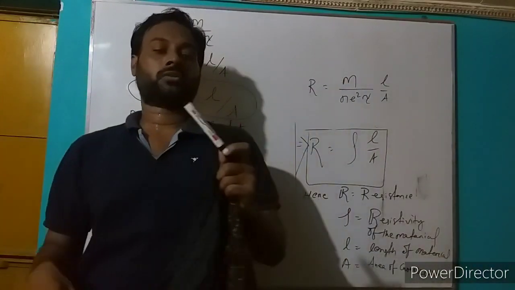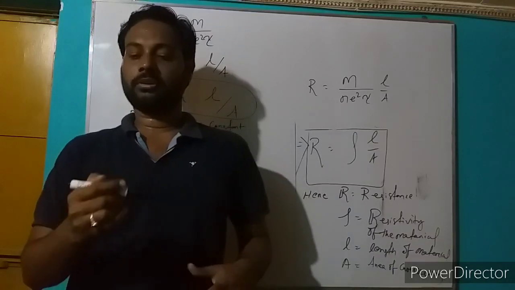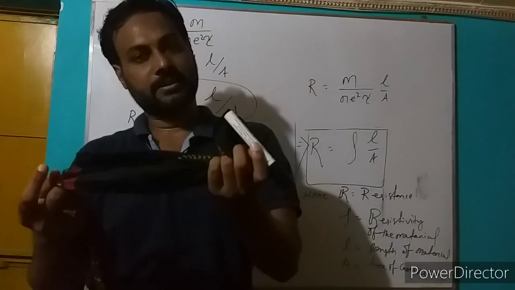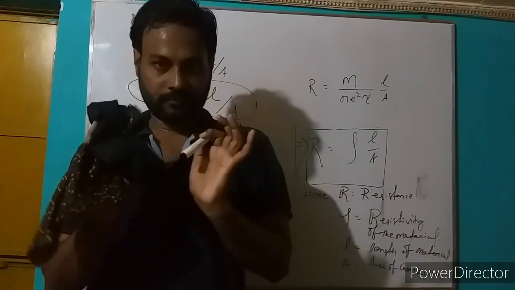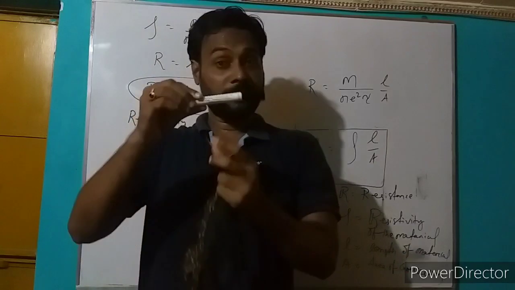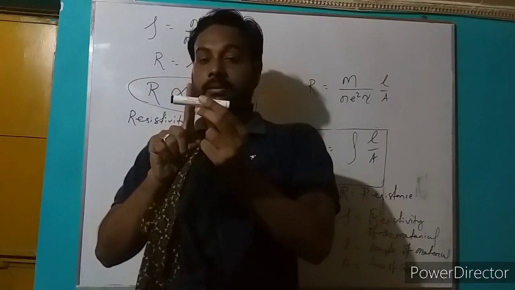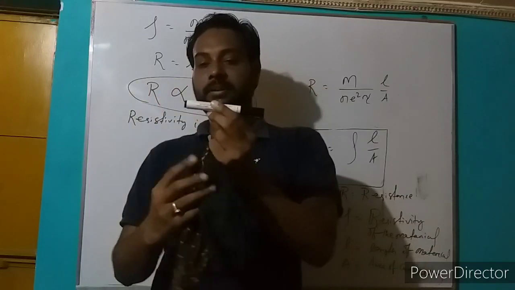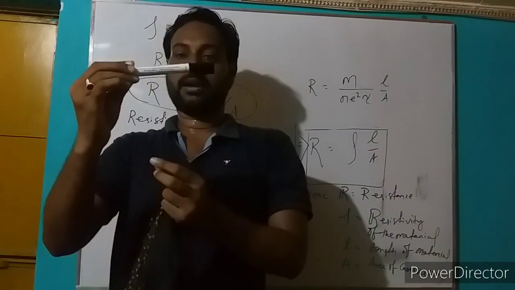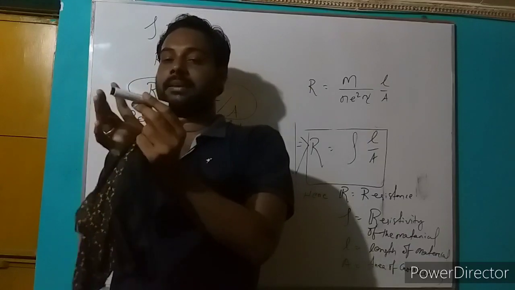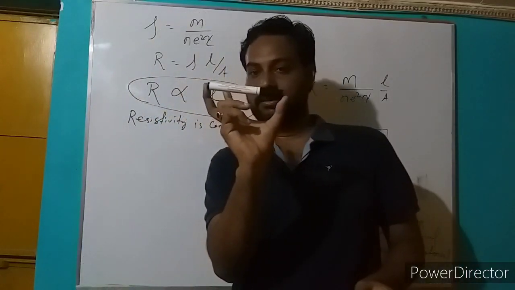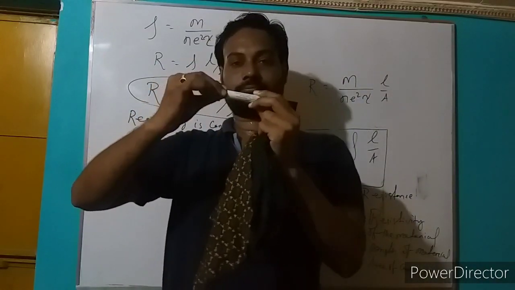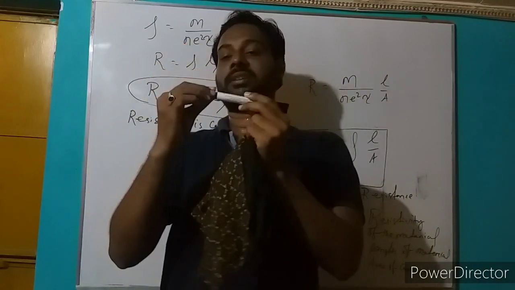Is it clear? So here you know that it has resistance, it also has resistance. If both wires are the same, both are copper, then in the first wire, this one is the length and this one is the area of cross section. Is it clear?